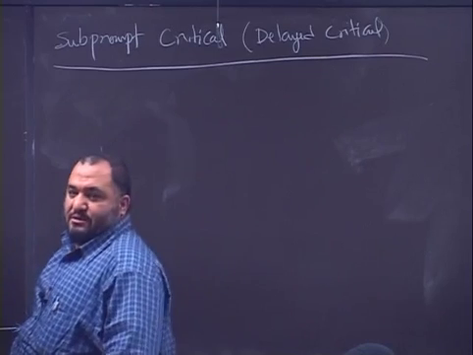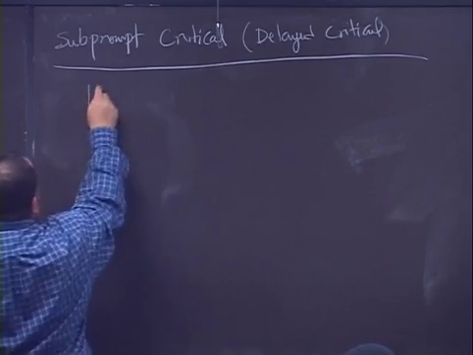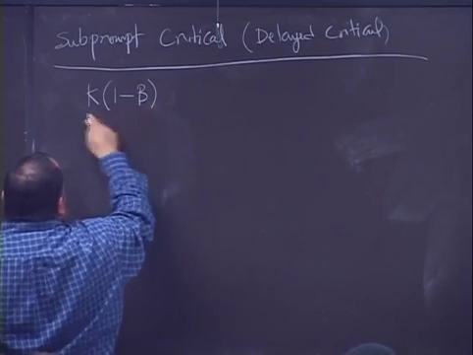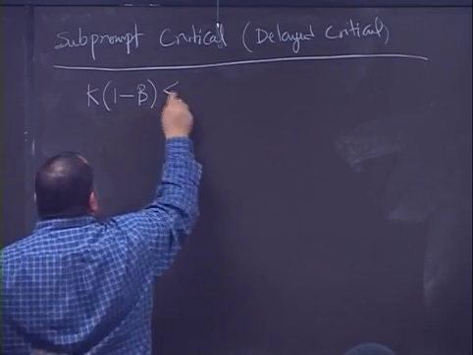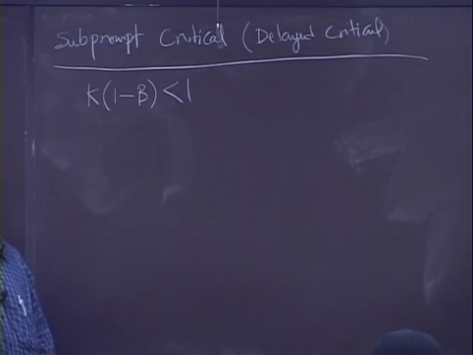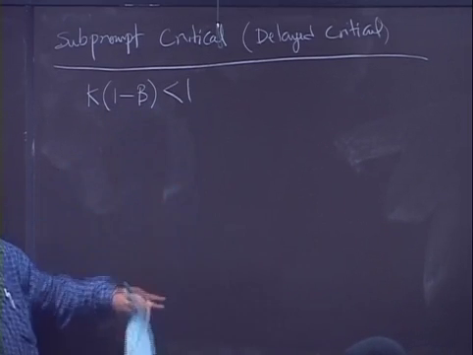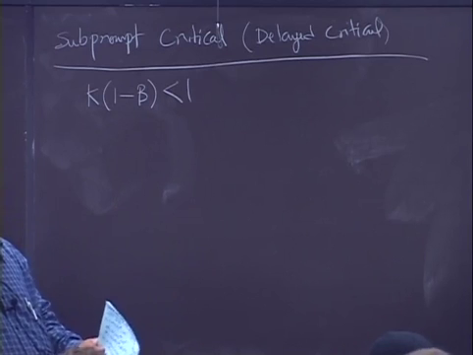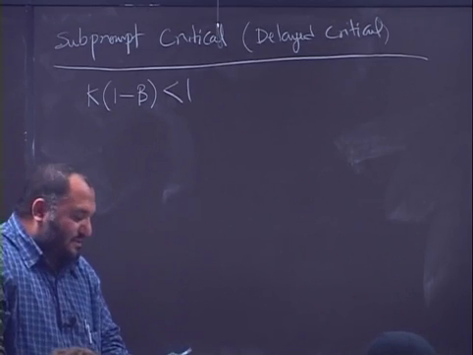You are critical on both the prompt and delayed neutrons, but on prompt neutrons alone you are not critical. So this means that K multiplied by 1 minus beta, the prompt component of the multiplication factor, is less than 1. You are not critical on prompt neutrons, although you are critical on both prompt and delayed.